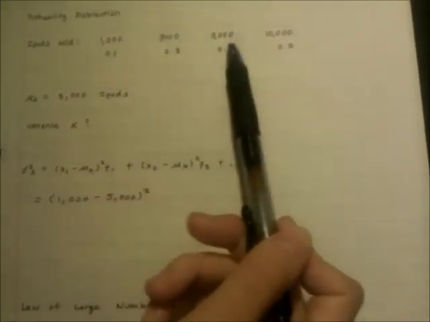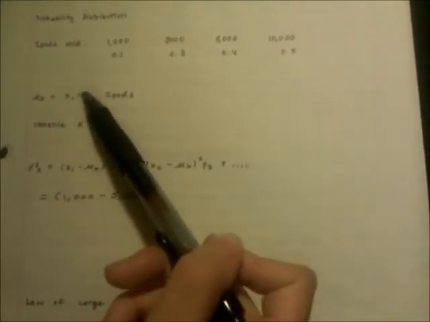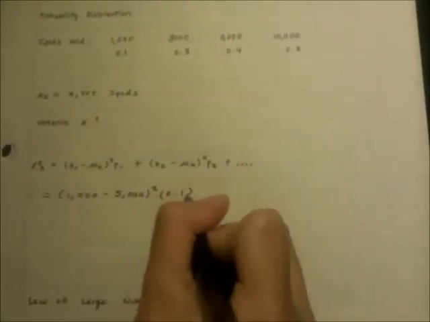In this case, there are 4 values. So x1 would be 1,000, mu sub x would be 5,000, and we need to square this and multiply by p1, which is 0.1.